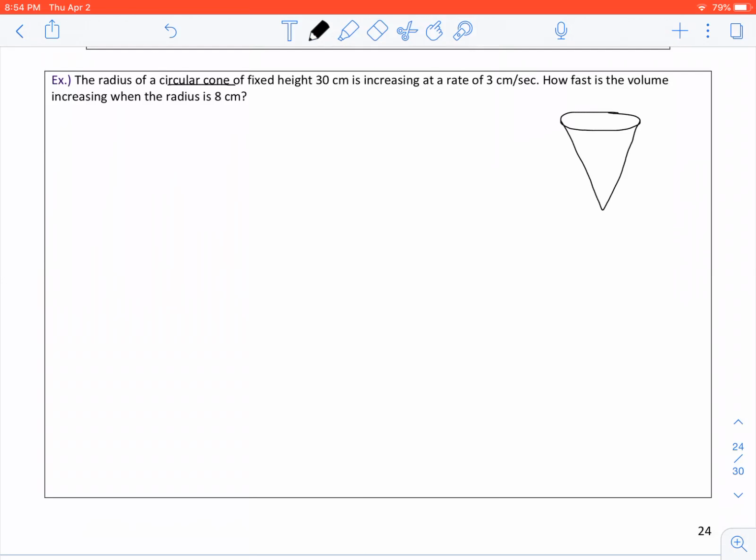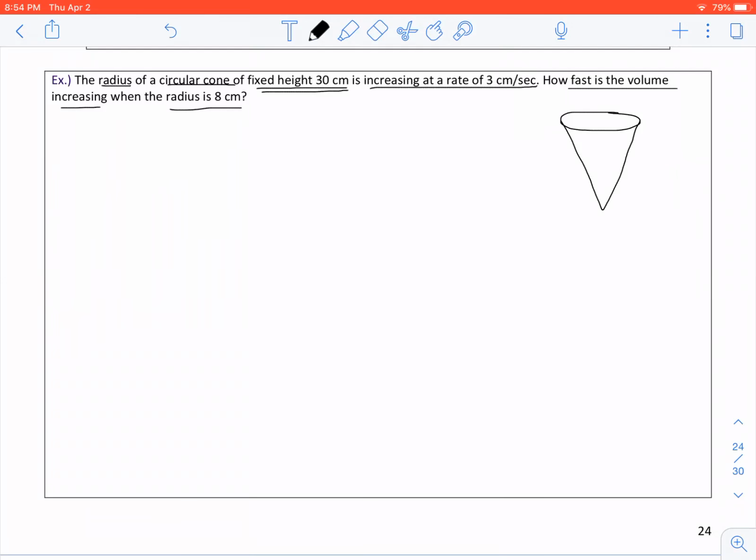And it talks about it has an increasing rate. So that would be our radius. The radius is increasing at a rate of 3 centimeters per second. It wants us to find how fast the volume is increasing when the radius is 8 centimeters. The other thing that's in here that I did not underline is that there's a fixed height of 30 centimeters. Fixed means that that's not changing.